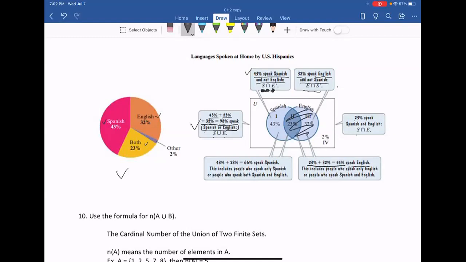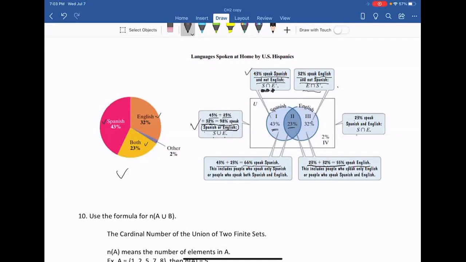This includes people who speak only English or people who speak Spanish and English. It is region 2 and region 3. Next part, 43% plus 23% equals 66% speak Spanish. This includes people who speak only Spanish or people who speak both English and Spanish.